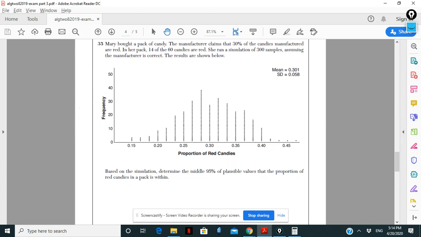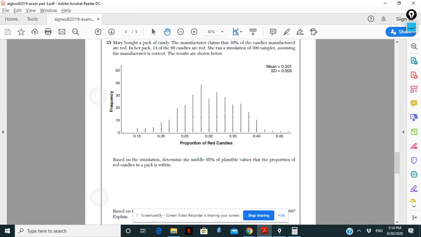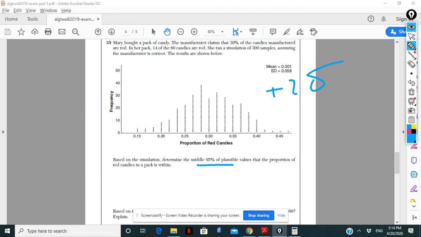Question number 35, based on determine 95%. So 95% means plus 2 standard deviations and minus 2 standard deviations. So here's the mean, and it should be between 2 standard deviations down and 2 standard deviations up.